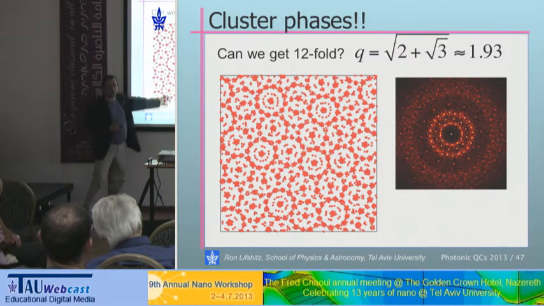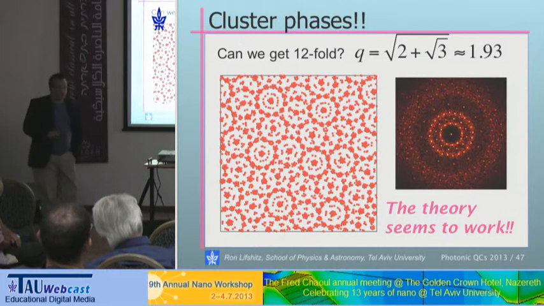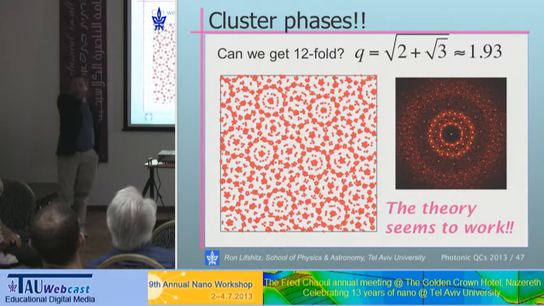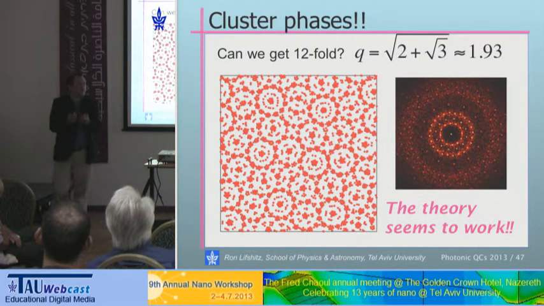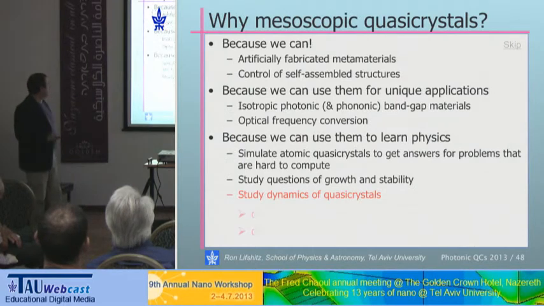And here again, you see the calculated Fourier diagram of this. So it seems that our theory works, but now we're looking for people in the audience, Roy and others, who have some kind of soft building blocks that they can synthesize and vary the pair potentials in order to test this in a real laboratory setting.